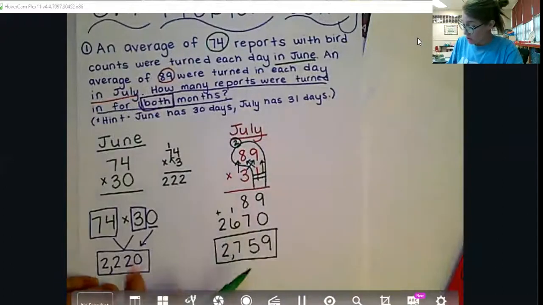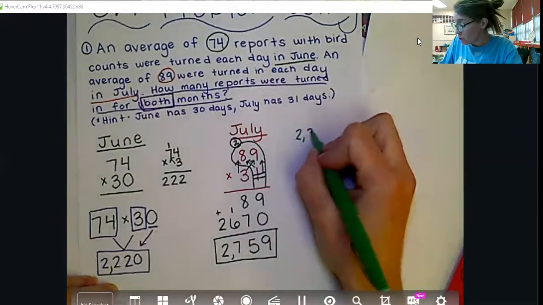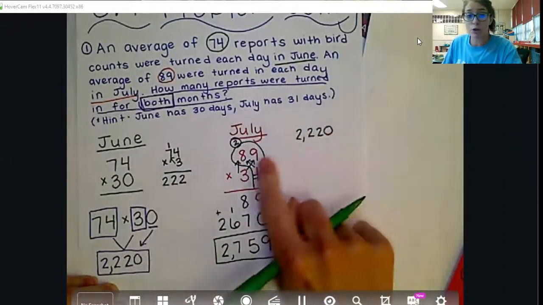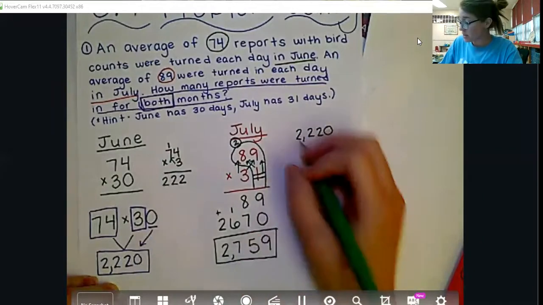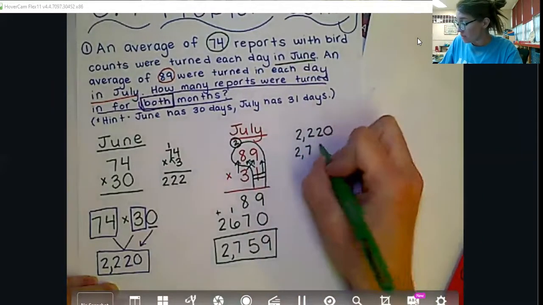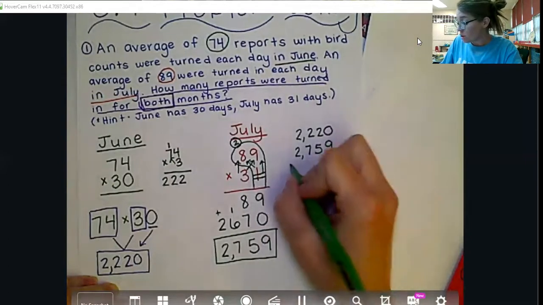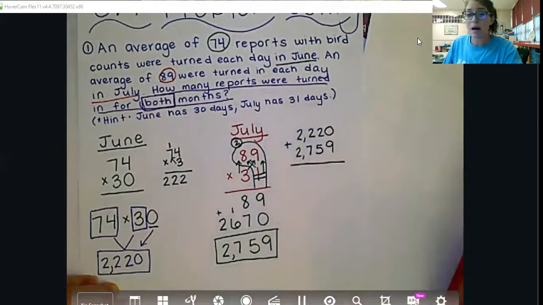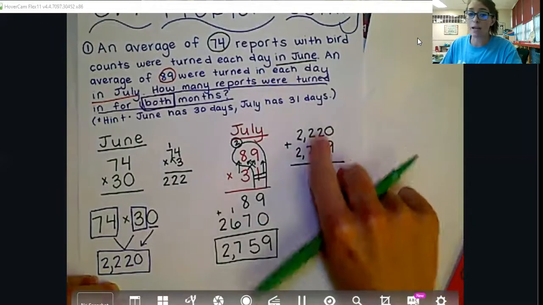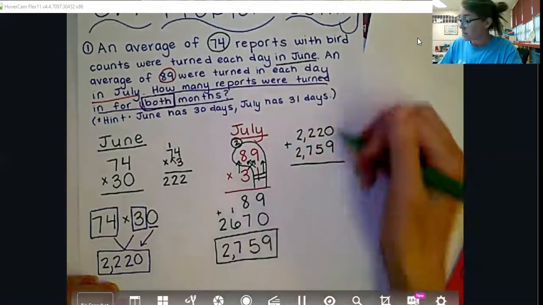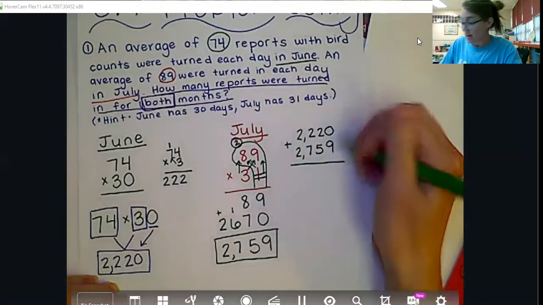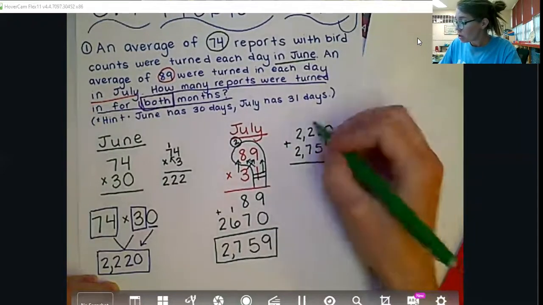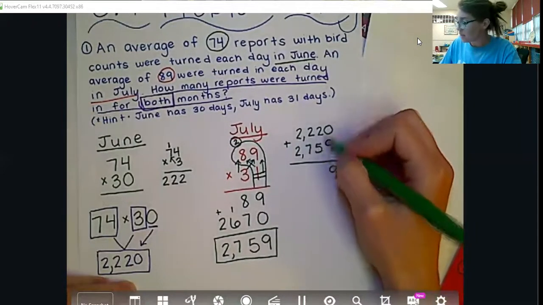So I'm going to do 2,220 for June, and then 2,759 for July, and I'm going to add them up. Again, make sure that you're always lining these up correctly. 0 plus 9, very good, is 9. 2 plus 5, awesome. It is 7.